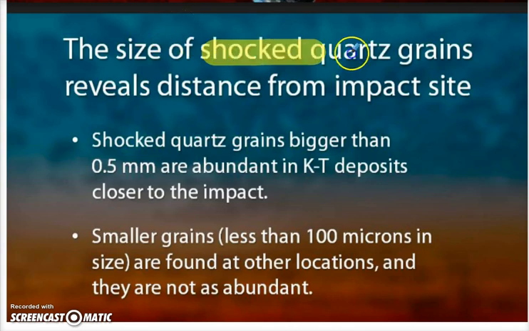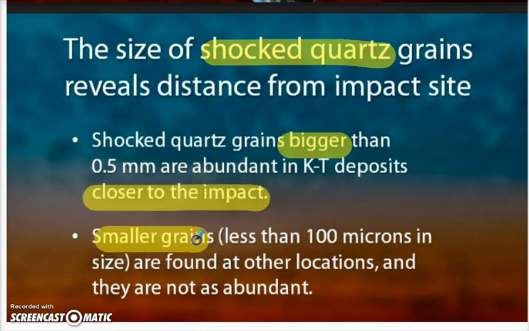With these shocked quartz grains, the bigger ones are really close to the impact site, but smaller ones are found farther away.